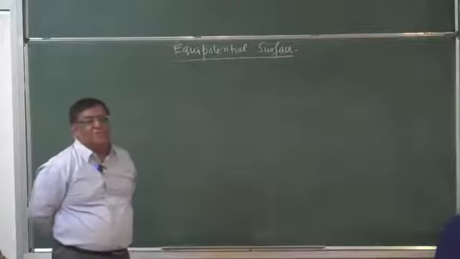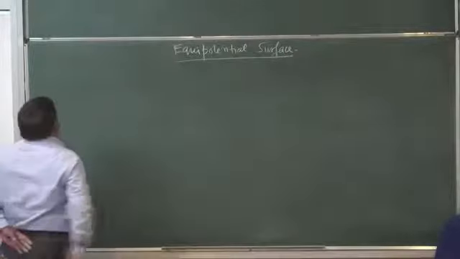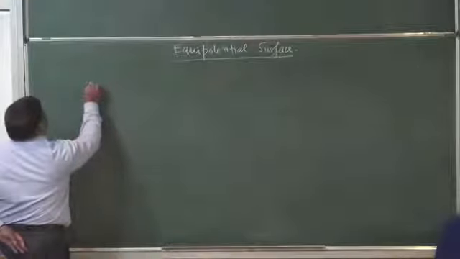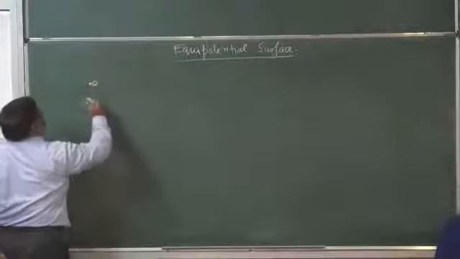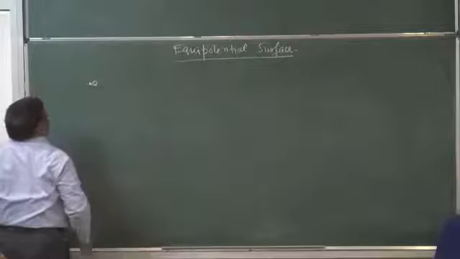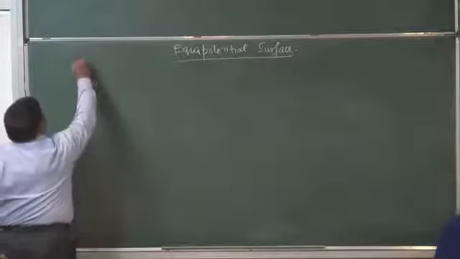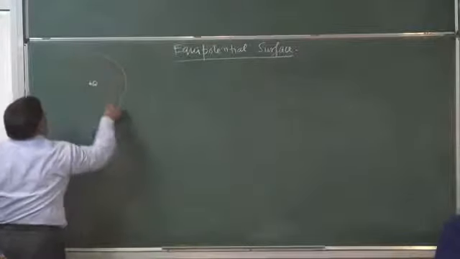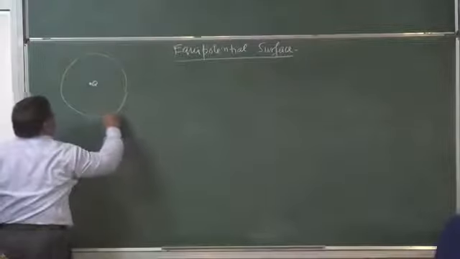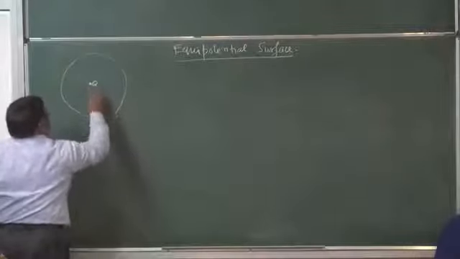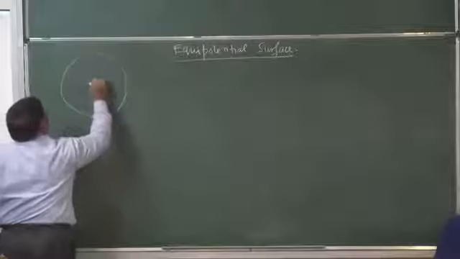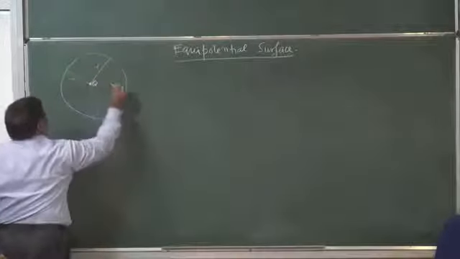Equipotential surface. There is a charge here, the source charge. It has an electric field all around it. Let us assume a surface in the shape of a sphere, or a spherical shell, and it has radius r everywhere.